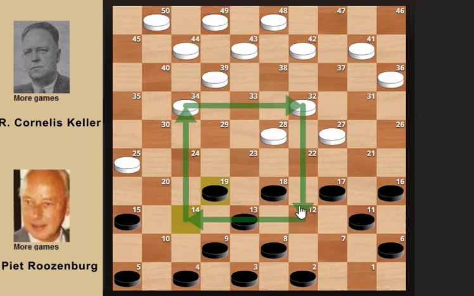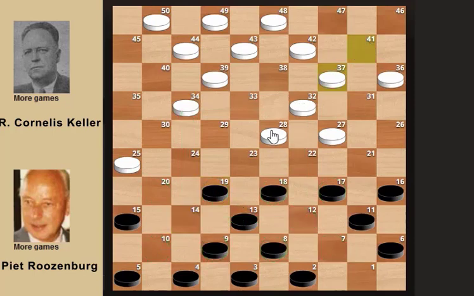Then we know this 12 here, the positions surrounding it are 18, 17, 8 and 7, and that of 14 are 19, 9, 10, and then 20. So Roozenburg decided to move his piece from 14 to 19.